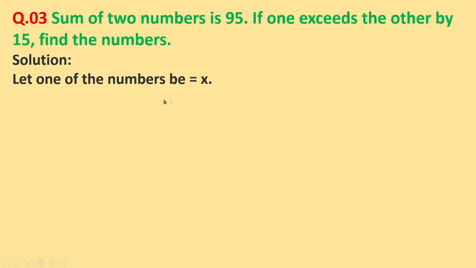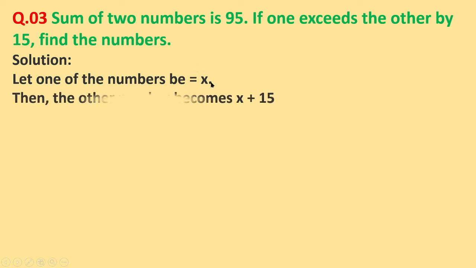Suppose we have two numbers. What we want to calculate, we will assume the first number to be x. What will be the second number? See, the second line of the question says if one exceeds the other by 15. That means if one number is x, the other number will be x plus 15, children.